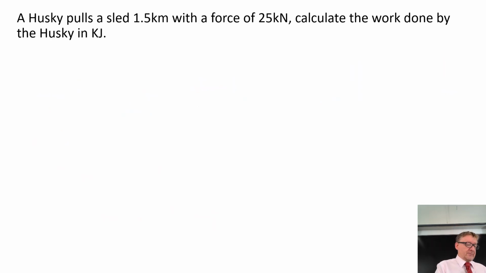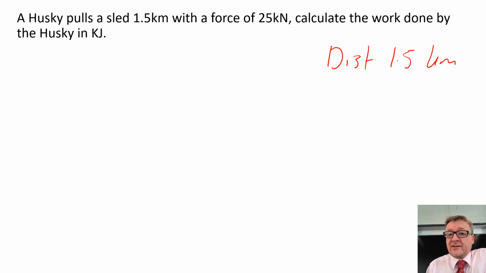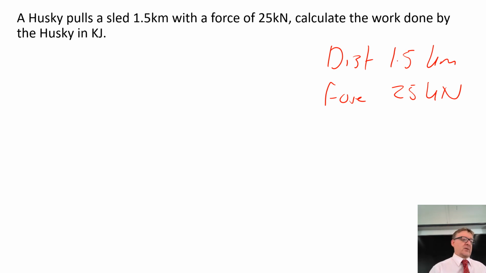A husky, back to those cuddly huskies again, pulls a sled distance 1.5 kilometers, I can see the bottom already, with a force of 25 kilonewtons. Calculate the work done in kilojoules.